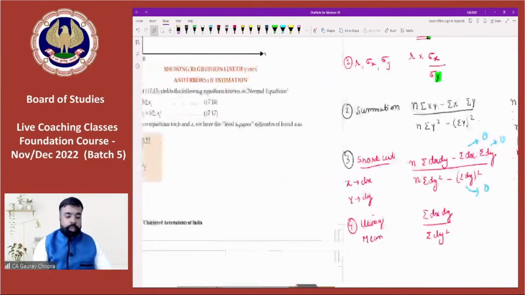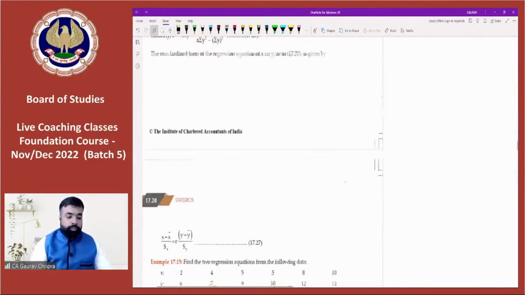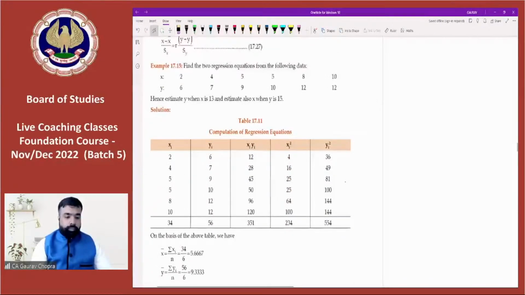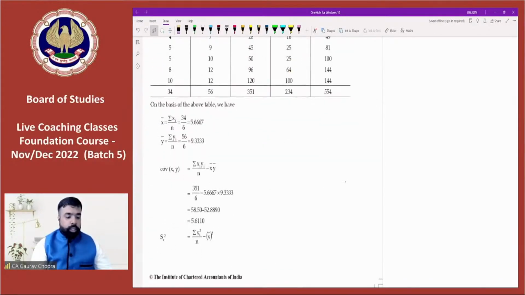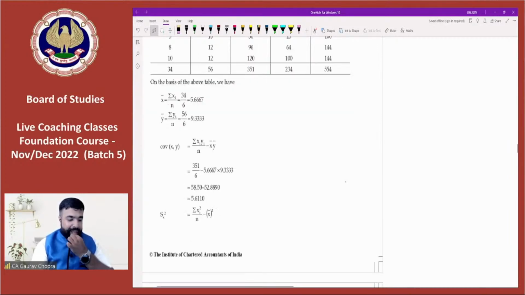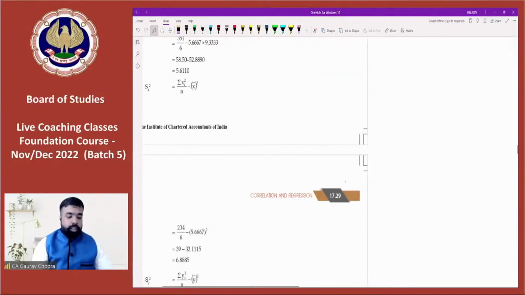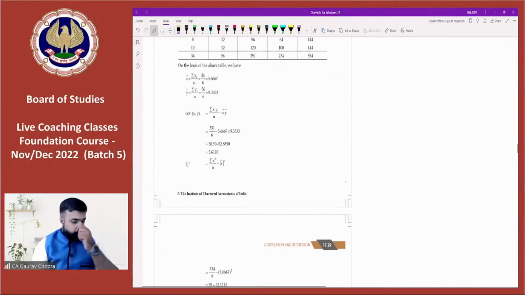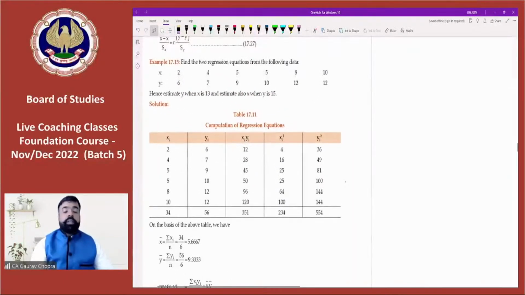Now let us try some questions based on these. Yes, so now this is the question. Here we have to simplify x and y. The data is given. What can we do now?